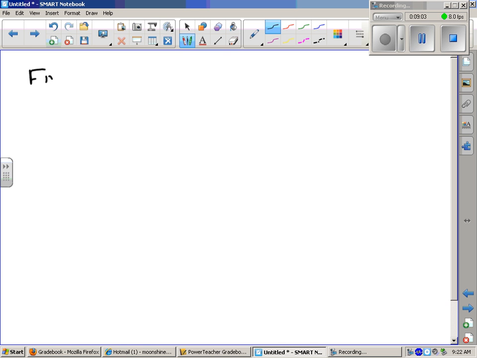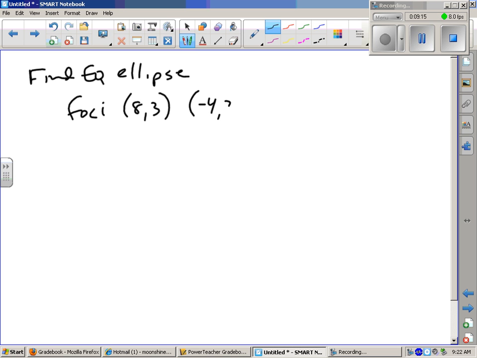I want to find the equation of an ellipse that has the foci at (8, 3) and (-4, 3). And we know that the major axis is 14 in length.